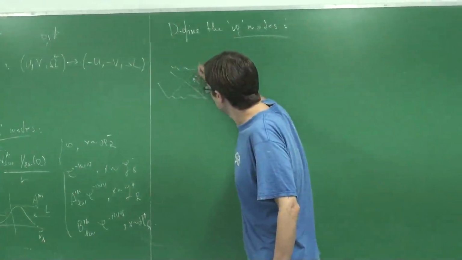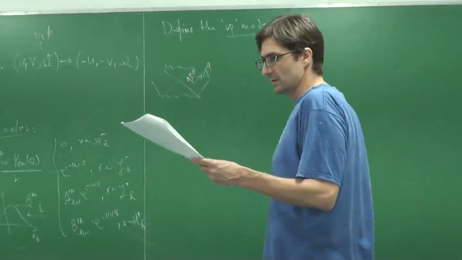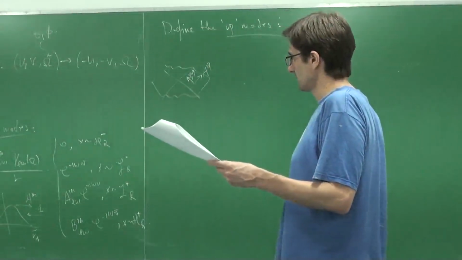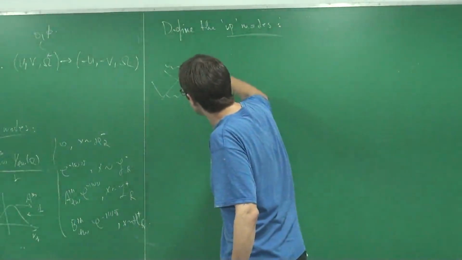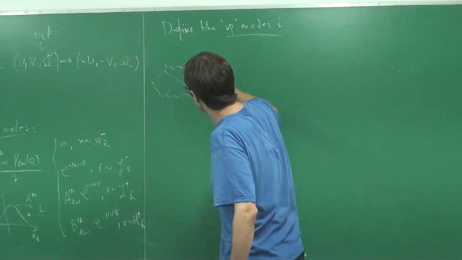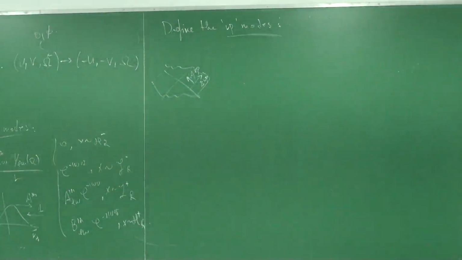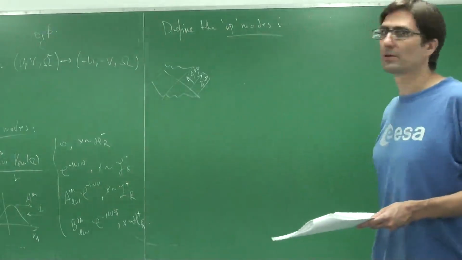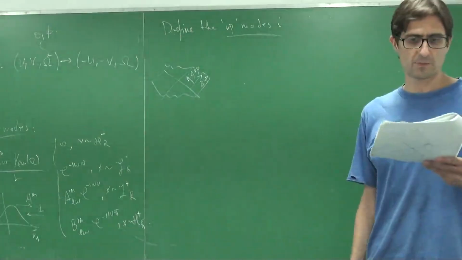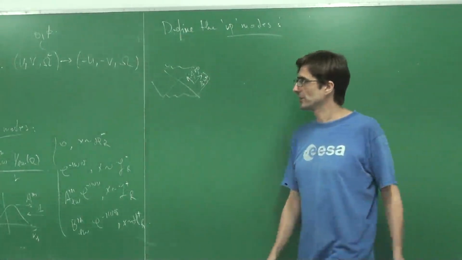And part of them is reflected back to the horizon. Sorry, the reflected part is A, and the transmitted part is B. That's our notation. So, up modes. Upgoing. It's short for upgoing. In is short for ingoing.